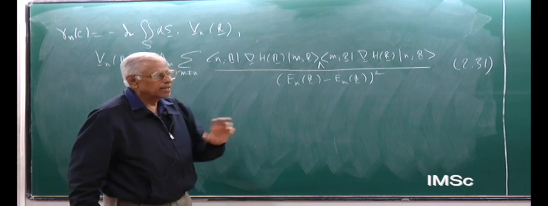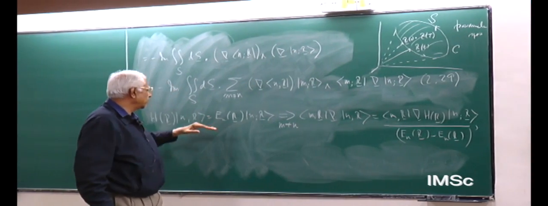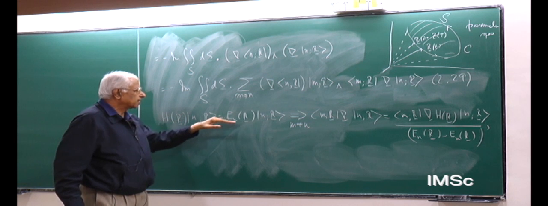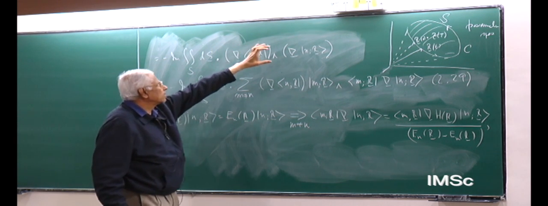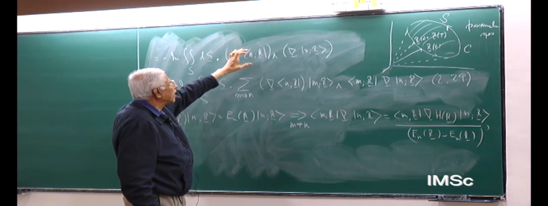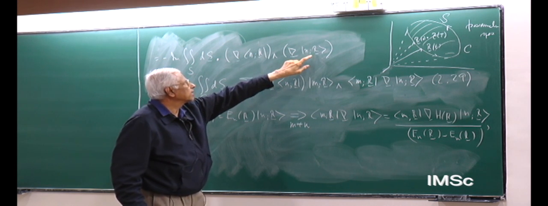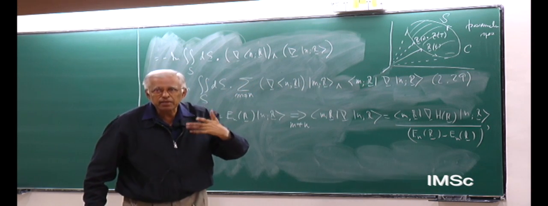So it's a kind of massaging of the original expression, exploiting the H psi equals E psi equation, and this, where you have the grad operator acting on the eigenkets and eigenbras, has been put into a more convenient form.